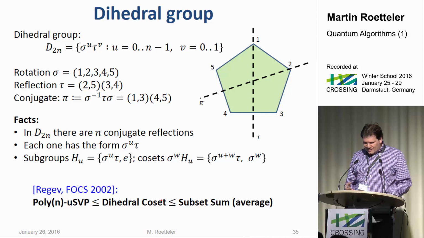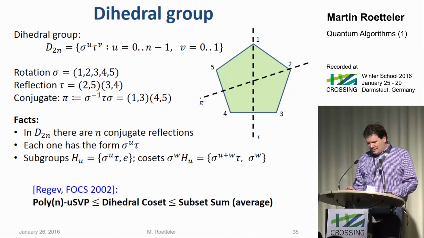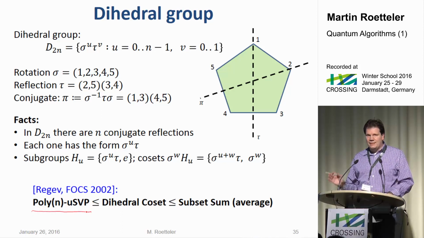The issue is that you have very many reflections, and if the hidden subgroup is one of these reflections, it's hard to extract the information about the reflection. Regev showed that if you have an instance of a unique SVP problem, it needs to have a gap of a certain polynomial, which I think is n to the 1.5, but I have to look it up. This problem can be reduced to an instance of a dihedral hidden subgroup problem.